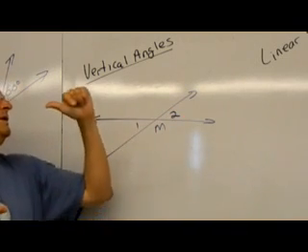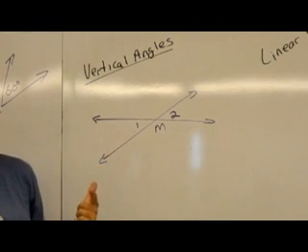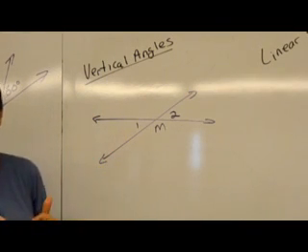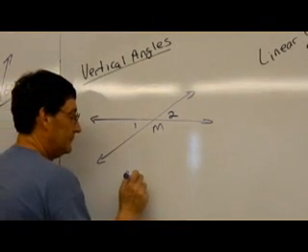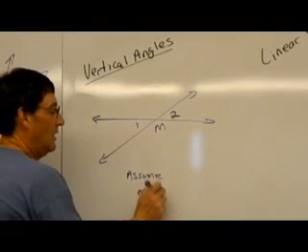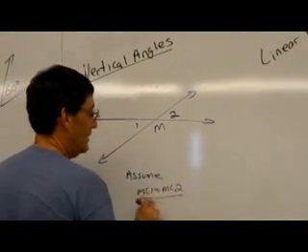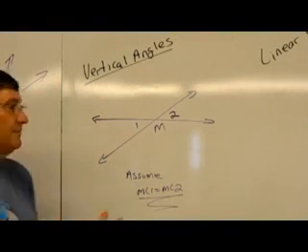Next chapter we'll get the vertical angle theorem, which will allow us to do what we're going to do in tonight's homework. You need to make an assumption. You need to assume that the measure of angle 1 is equal to the measure of angle 2. It turns out that it actually is, by the vertical angle theorem.